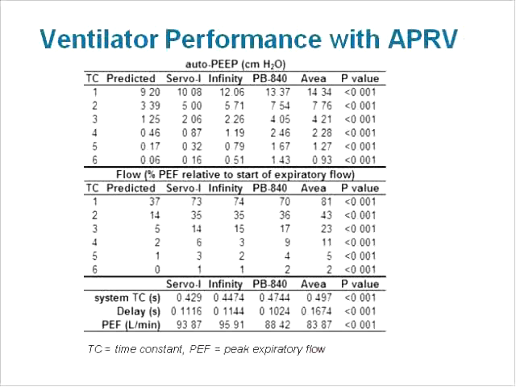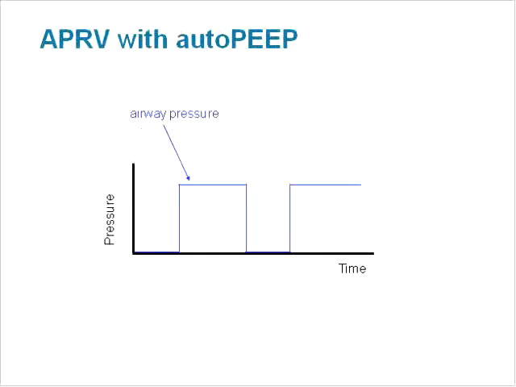Ti was held constant. We found that none of the tested ventilators followed the mathematical model as expected and resulted in significantly different auto-PEEP, flow decay, and peak expiratory flow regardless of the T-low settings. Therefore, we conclude that setting T-low according to predicted time constants may not be reliable and results in higher than expected auto-PEEP.